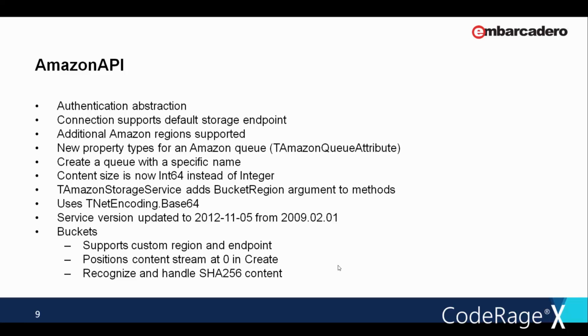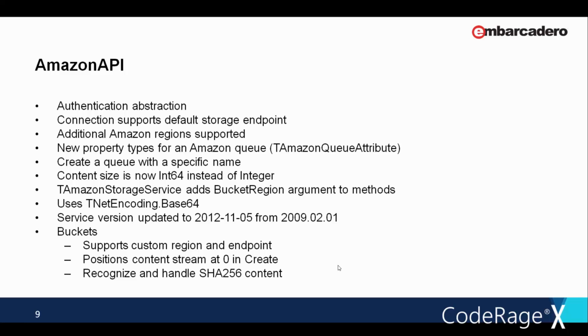Again, it's cleaned up, uses TNet encoding base64 functions. The service version for the various classes that specify the Amazon service to use has been updated to 2012-11-05 from the 2009 version, and some additional changes under buckets.